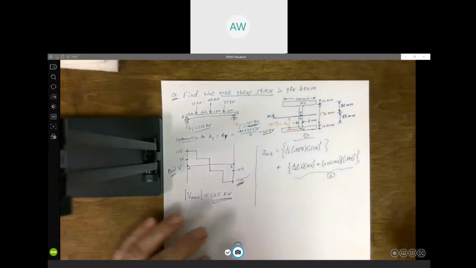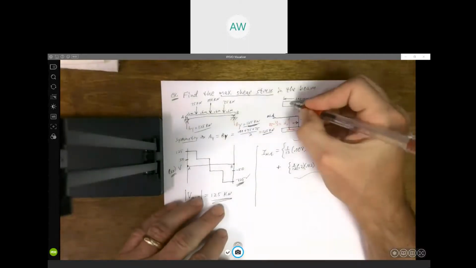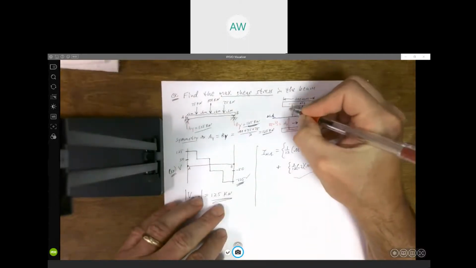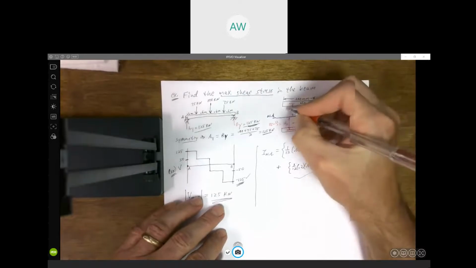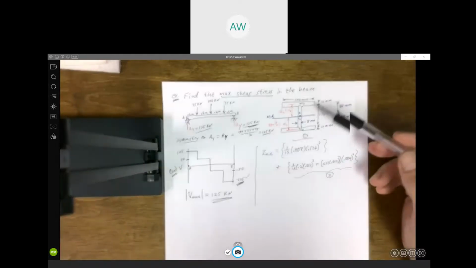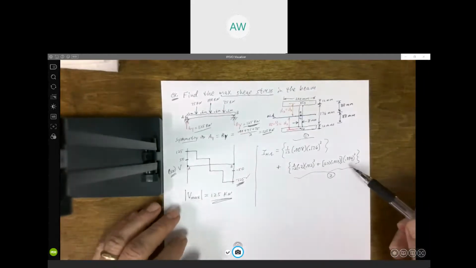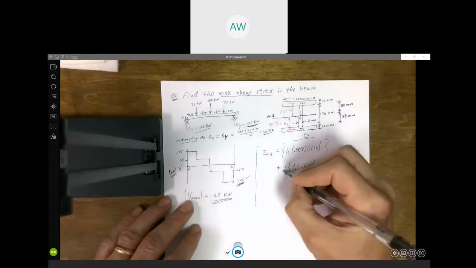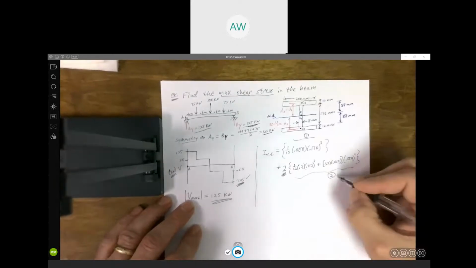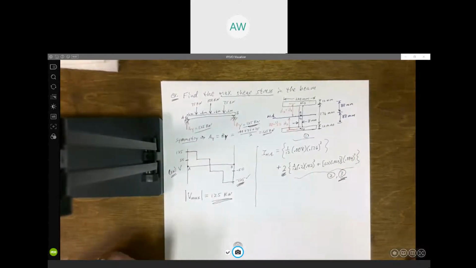Now, 3 is exactly the same, right? If you look at this distance here, D3, it's the same as D2. It's the same size rectangle. It's located the same distance away. So there's no need to write all this out twice. We'll just multiply by 2, and that includes rectangle 2 and 3.